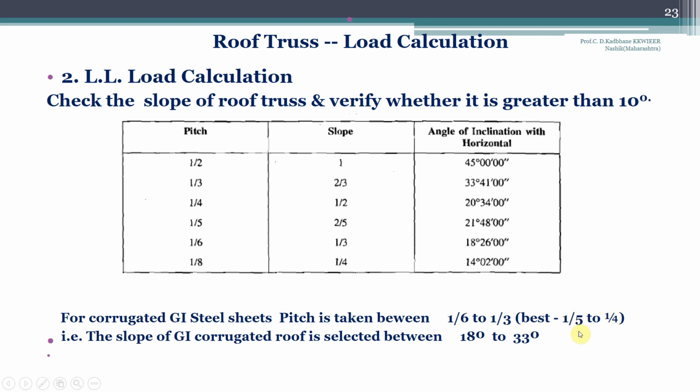That is, span upon 5 to span upon 4 will be the pitch for GI sheets. The slope of a GI corrugated roof is selected between 18 degrees and 33 degrees. That is, 1/6 is 18 degrees and 1/3 is 33 degrees. That means for GI sheet, a slope ranging from 18 to 33 degrees should be considered.